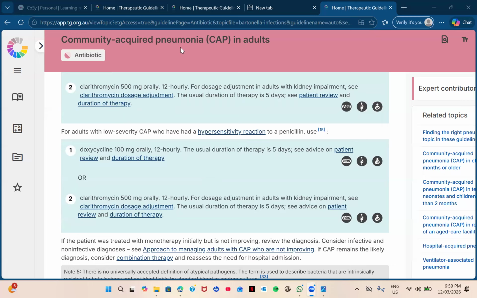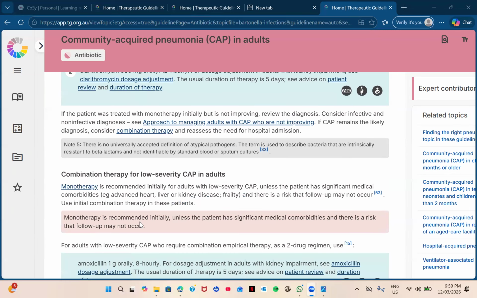If the patient presents with atypical pneumonia, the first line treatment is doxy and second line clarithromycin. If the patient presents with low severity community acquired pneumonia but has a penicillin allergy, then you can consider doxycycline, if not, clarithromycin, right? Okay.